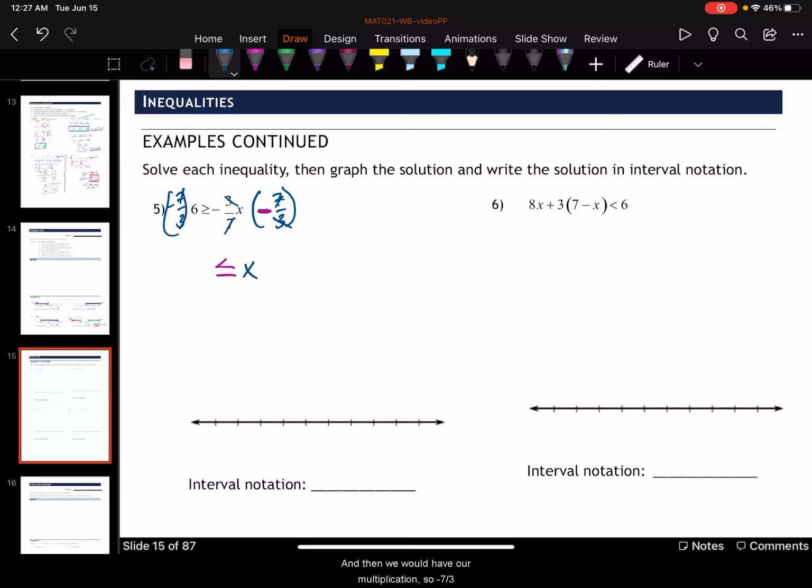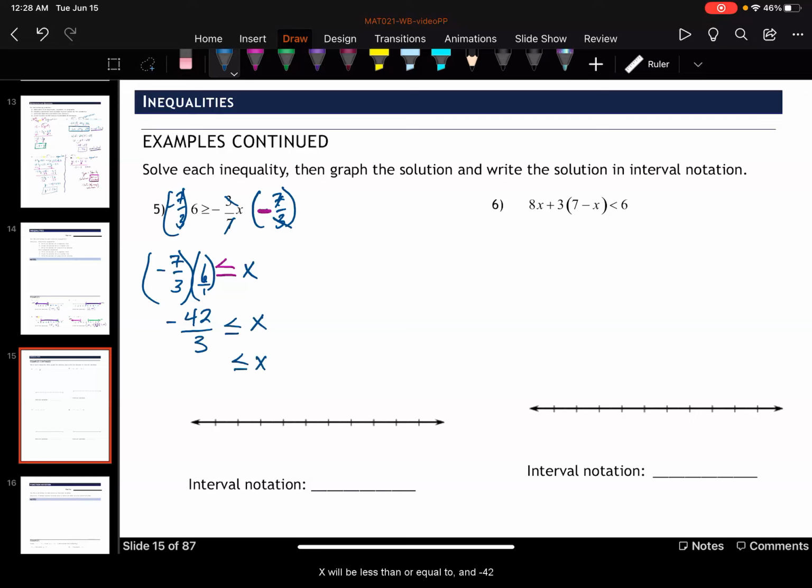And then we would have our multiplication: negative 7/3 times 6. If I multiply that, negative 7 times 6, remember we could put that 6 over 1, would be negative 42 over 3, less than or equal to x.